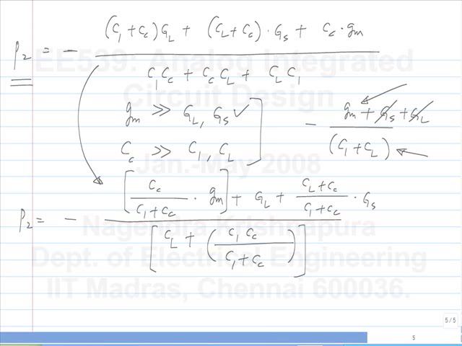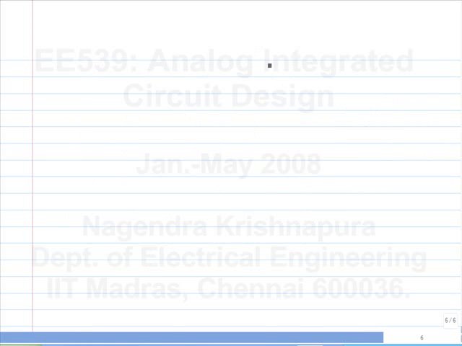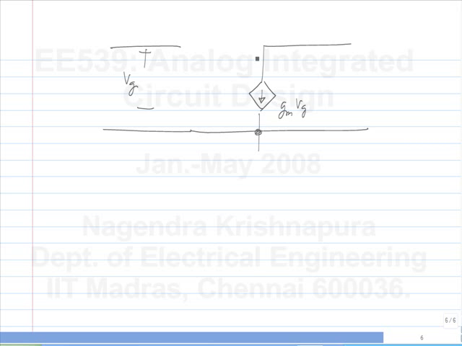Exactly. So if you take a conductance, this is the controlling node. Now you don't short this to this, but you have a capacitive divider. So if I apply a voltage V here, what is Vg that appears? So V times Cc by C1 plus Cc.